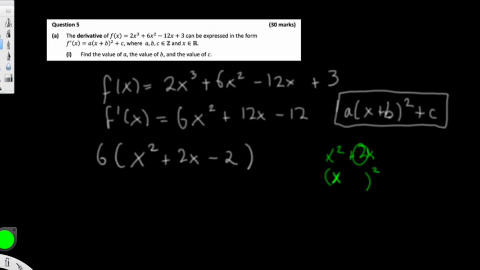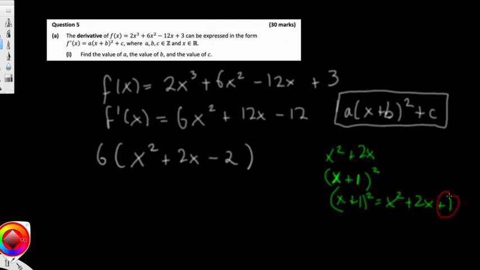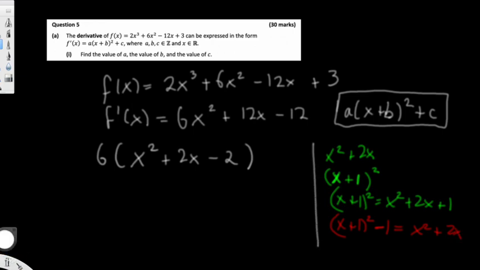And then we take that number 2 and we halve it, so plus 1. Because if we take x plus 1 all squared, it's going to be x squared plus 2x plus 1. So what we realize from that is if I take this 1 over to the other side, I've got x plus 1 all squared minus 1 is equal to x squared plus 2x. So this rough work piece here will really help you in this question.